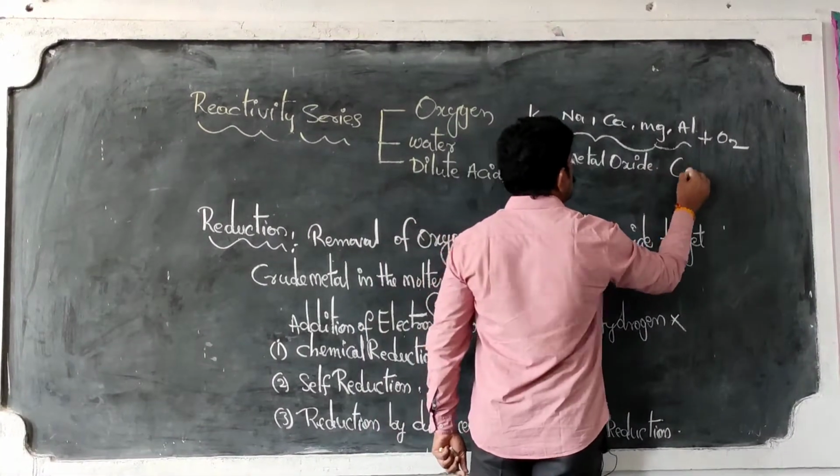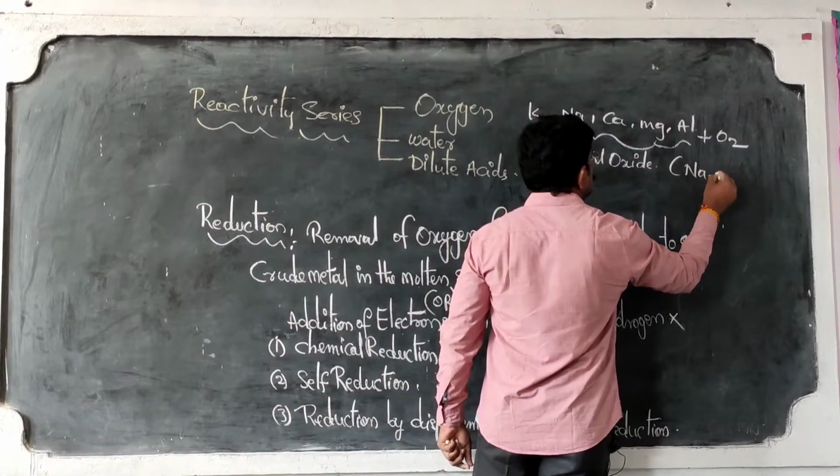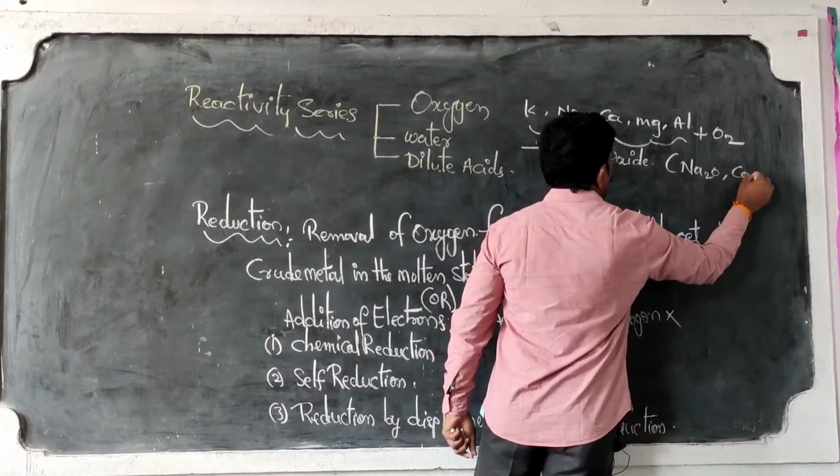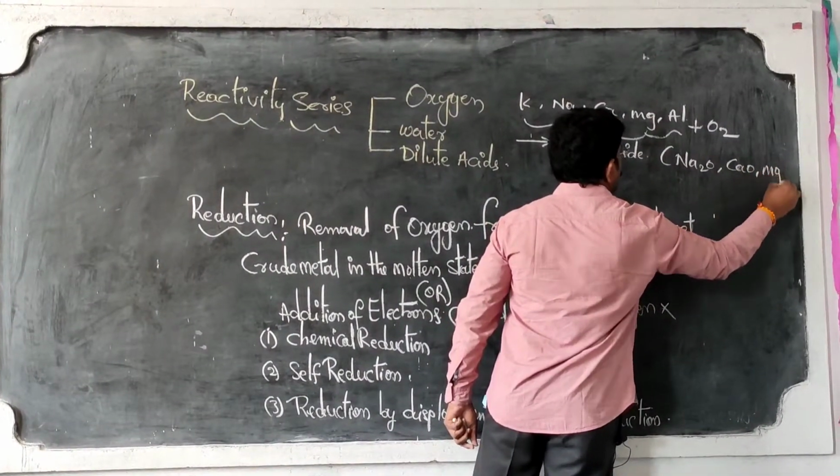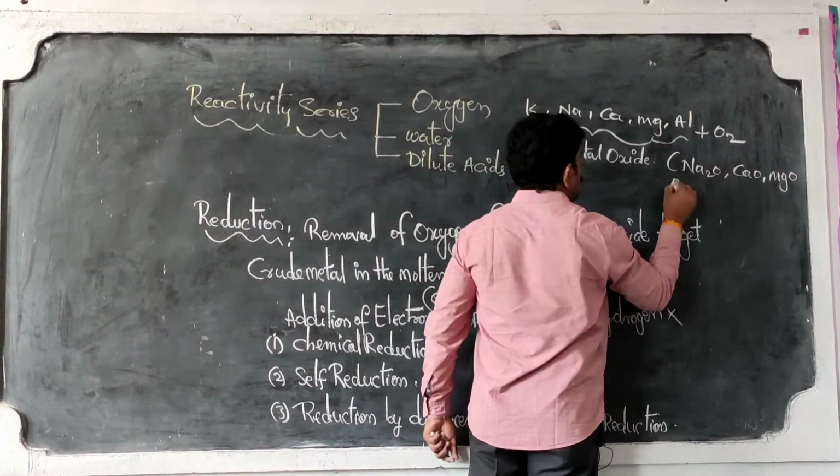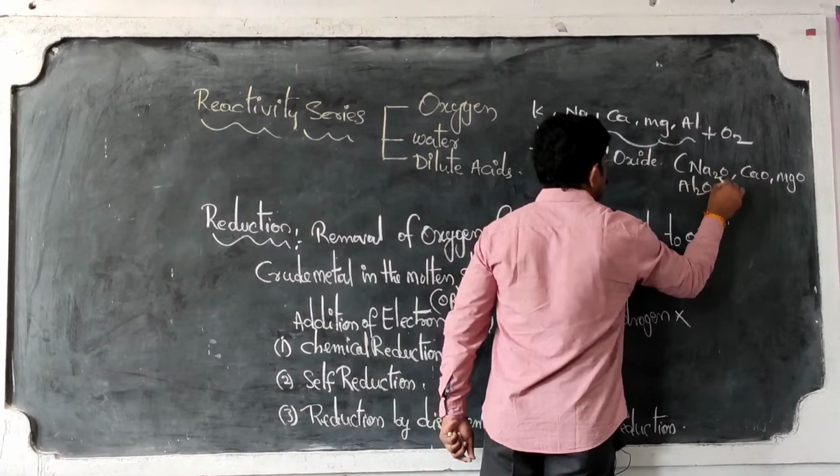For example, sodium oxide, CaO, calcium oxide, magnesium oxide, and aluminum oxide, Al2O3.